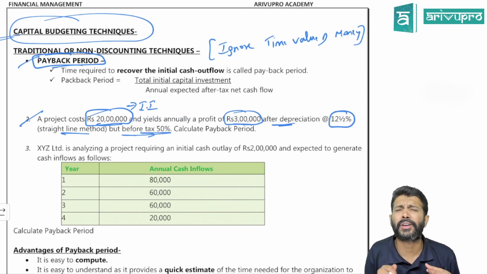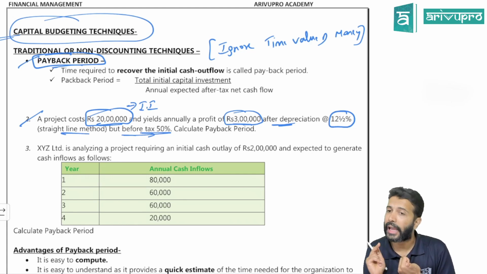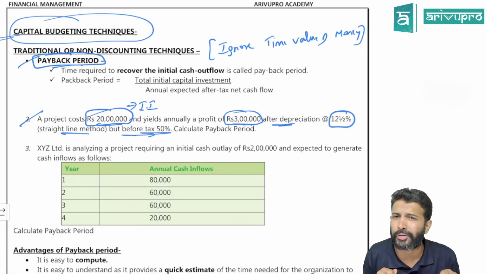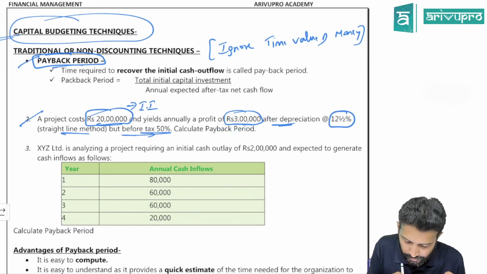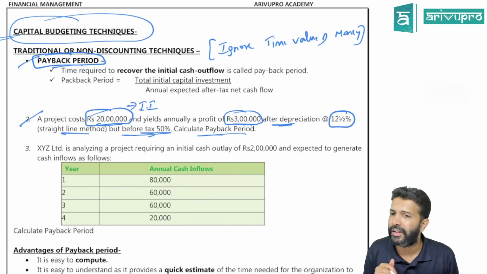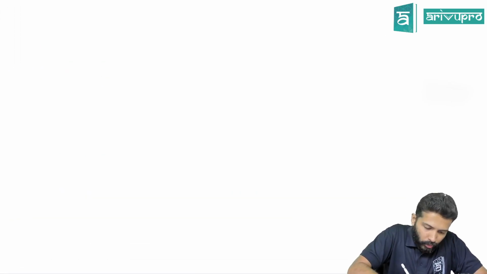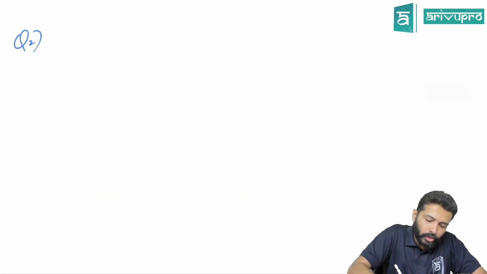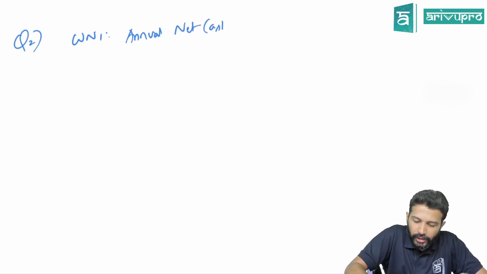So we need to first compute the annual net cash flows, because they have given profit, but we need cash flows. First find that, and then we can find out the payback period. Okay. So let's take up this question number 2. Working note number 1 is to find out your annual NCF, that is net cash flows.